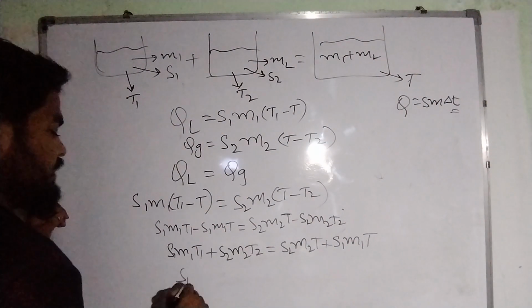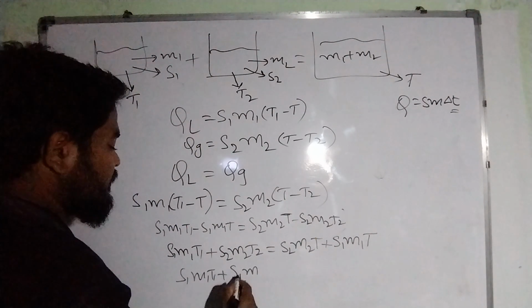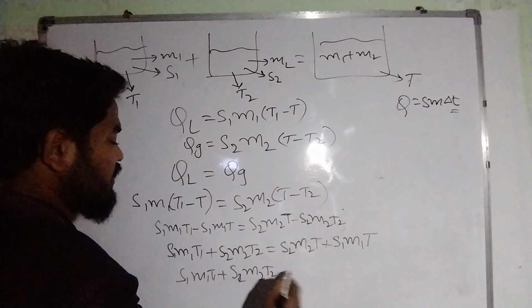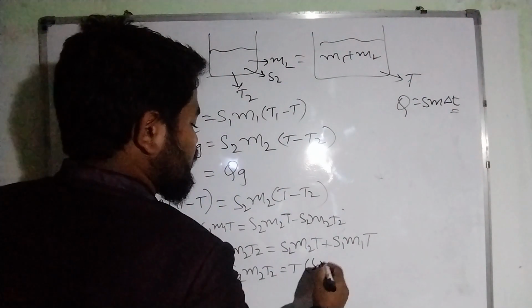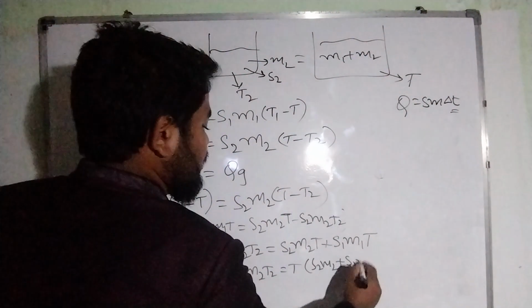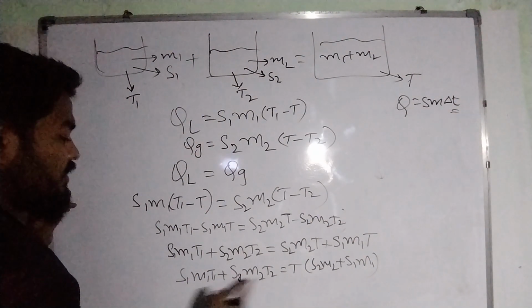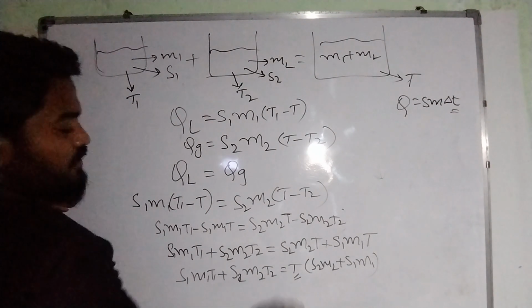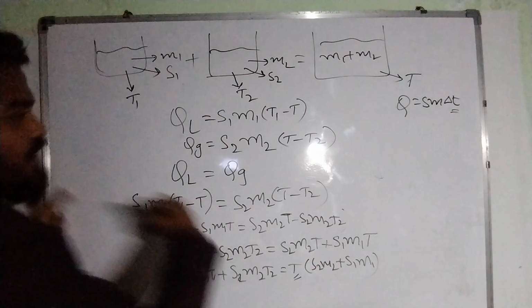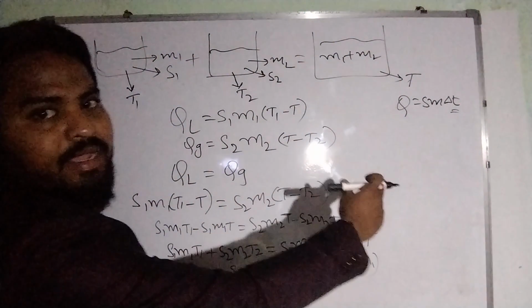Here S1 M1 T1 plus S2 M2 T2 is equal to, taking T as common, T times (S2 M2 plus S1 M1), right? We have to find the final temperature, which means we have to send this term to the other side. Now let me rub the board and do it here.